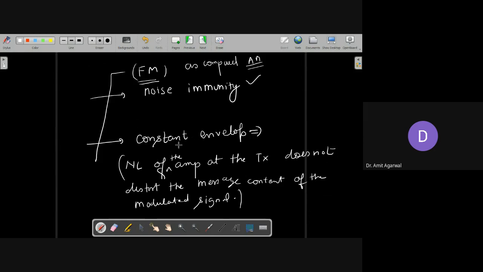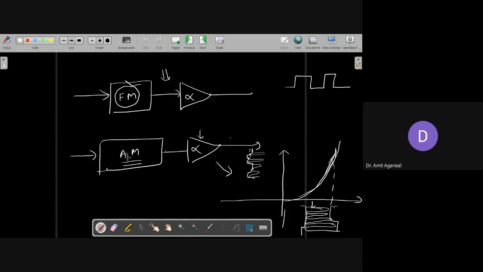In AM, we modulate the amplitude of the carrier signal, and the non-linearity actually affects the envelope or amplitude of the modulated signal. So if we transmit our AM signal and then use an amplifier, the amplitude might be distorted because of the non-linearity, so the message signal will be distorted.